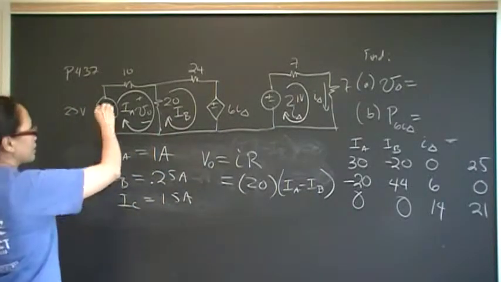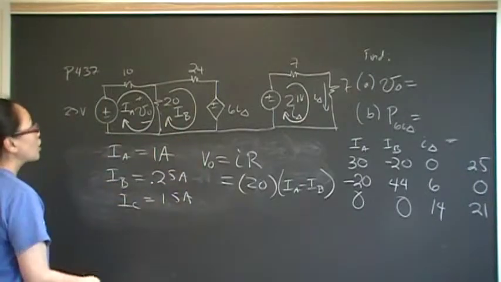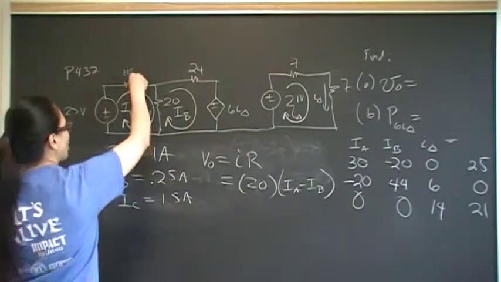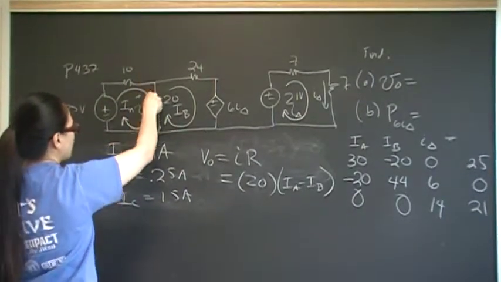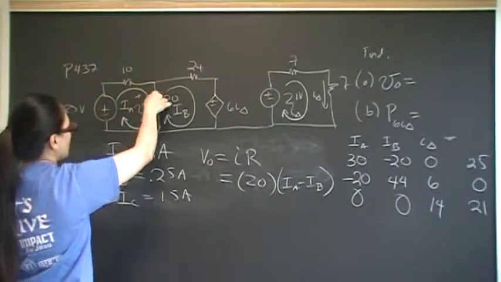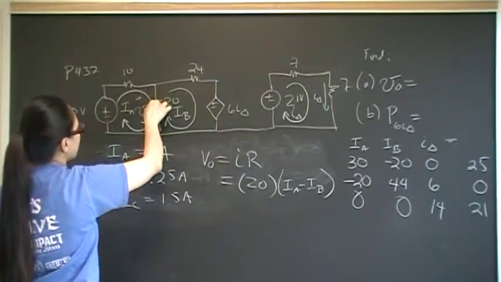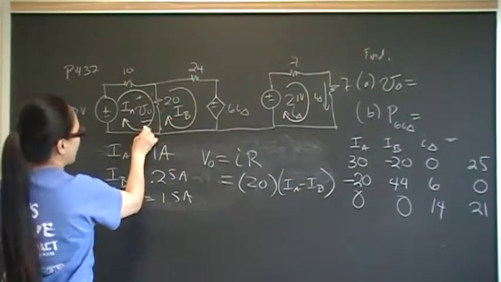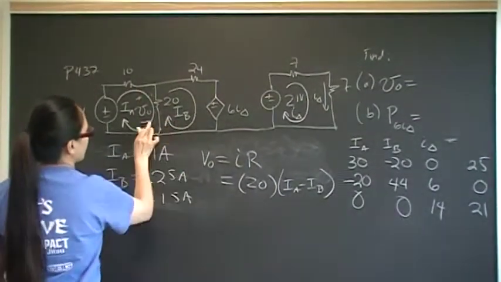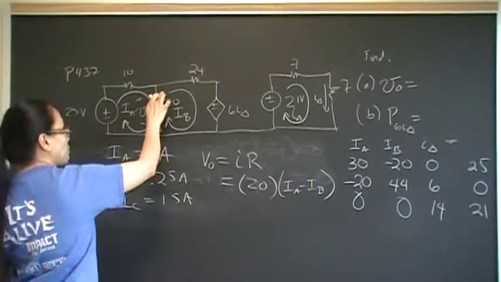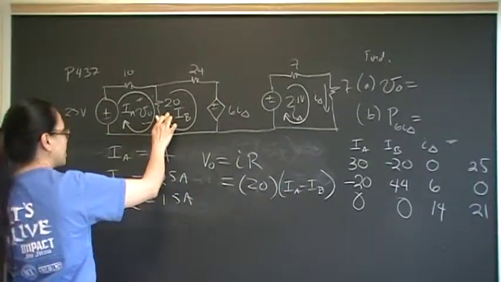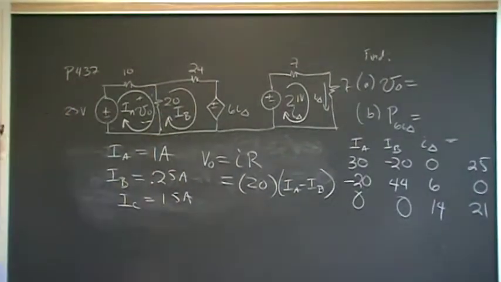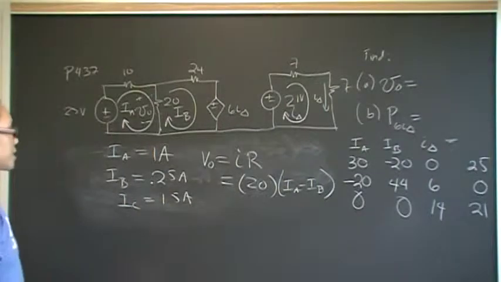Because I've defined the direction of positive to be counterclockwise. So that means it's going to go first in this direction of voltage drop. Since it's a voltage drop, it's going to go through the positive and then the negative. And then IB is going to hit the negative and then go to the positive. And that's how I know IB is going to be the negative in this computation.